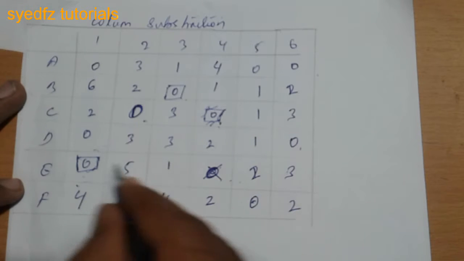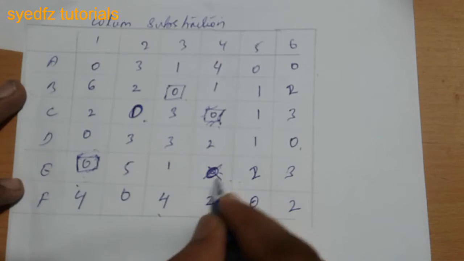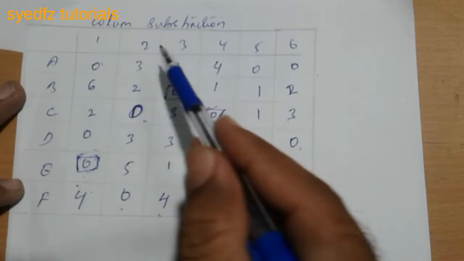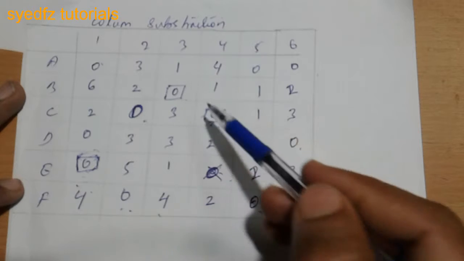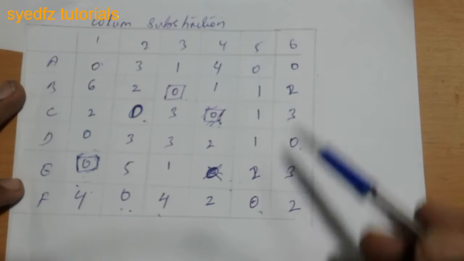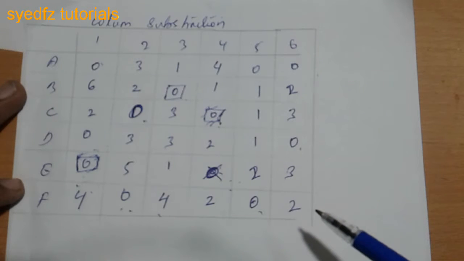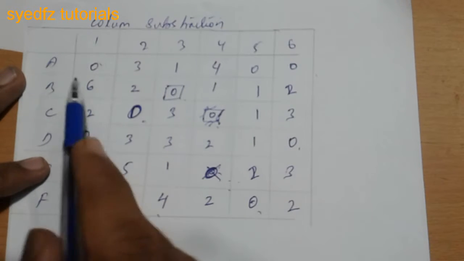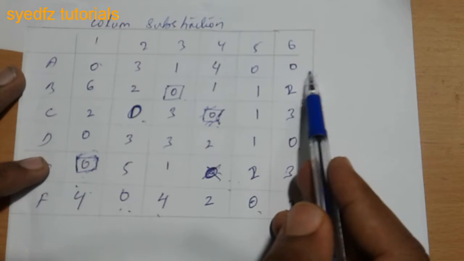Okay, 2 zeros we cannot take. Go column wise. This has 3 zeros, we cannot take. This has 2 zeros, we cannot take. This has a 0 that is over. This has 2 zeros, we cannot take. Now go column wise. Is there any single 0?